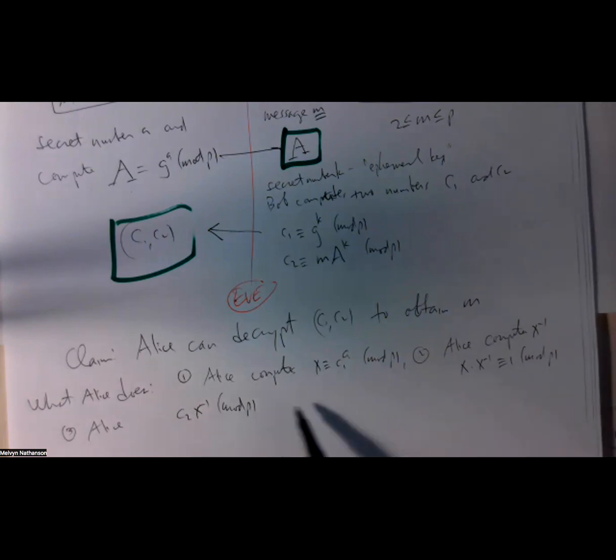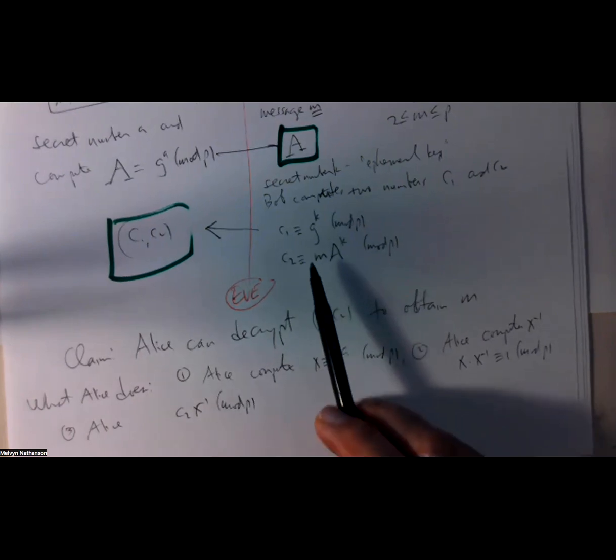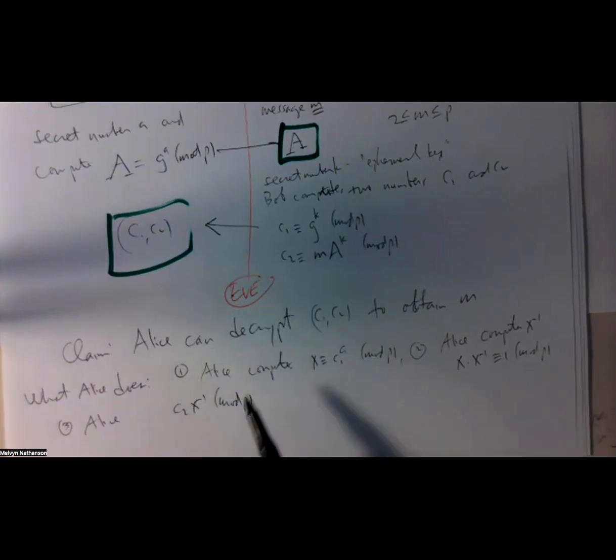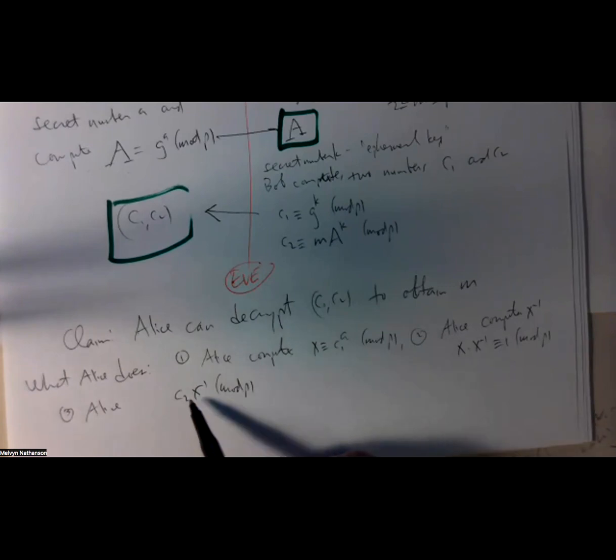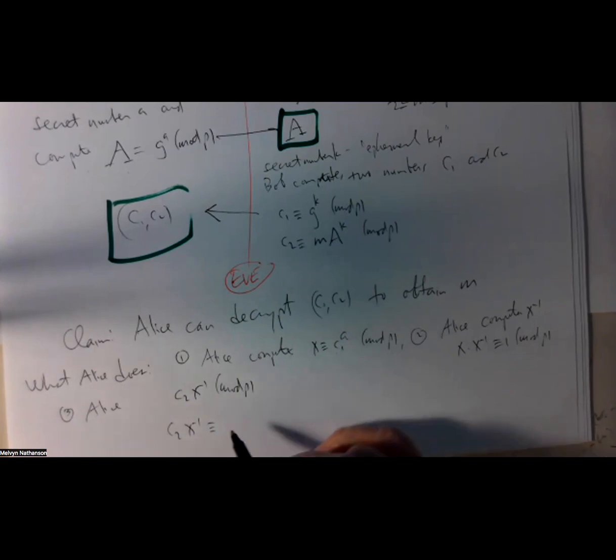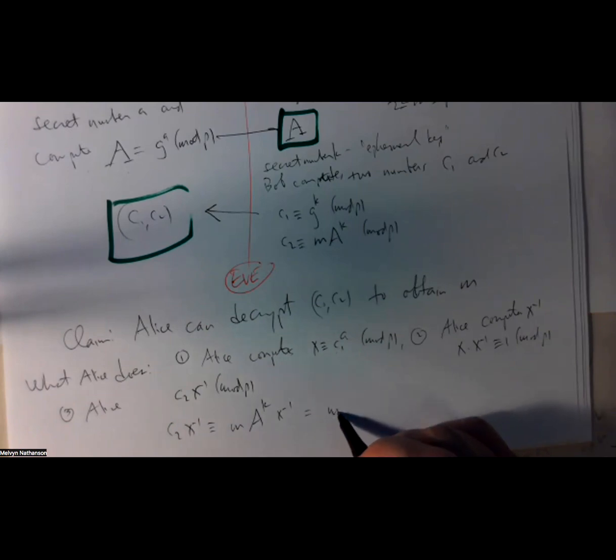Then she computes C2, that's the second number that Bob sent her, times X inverse. So what is C2 X inverse mod P? What is C2? That's M, capital A to the K mod P times X inverse.